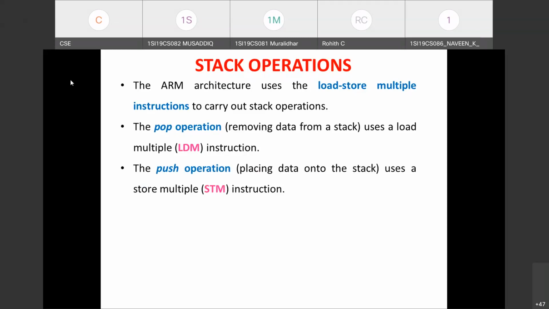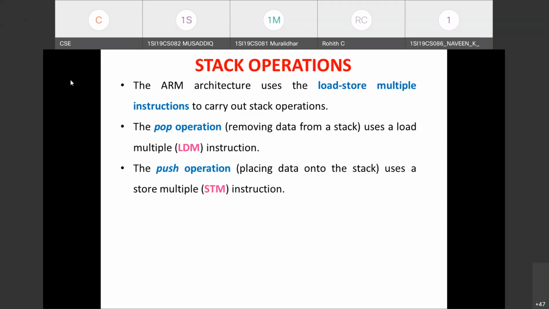So before proceeding with the addressing modes supported for stack operations, we need to discuss a few terminologies with respect to stack. That is, we need to first see what you mean by ascending stack and descending stack, empty stack and full stack. So first we'll discuss these four terminologies.